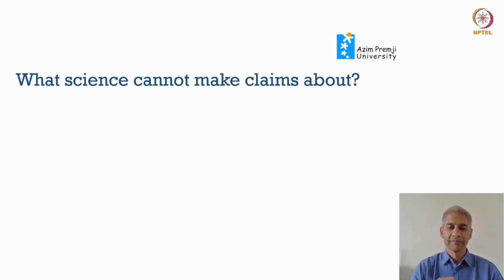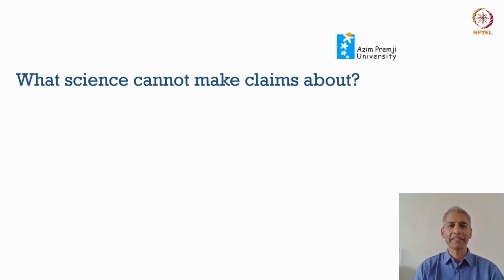One thing to ask is, what can science not say? What areas of life can science not make claims about? Very often scientists are asked their opinion on a lot of things on which they're really not experts.